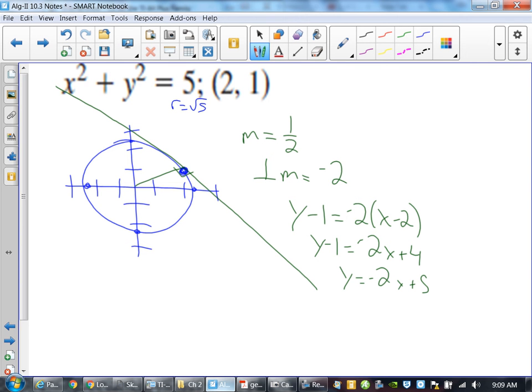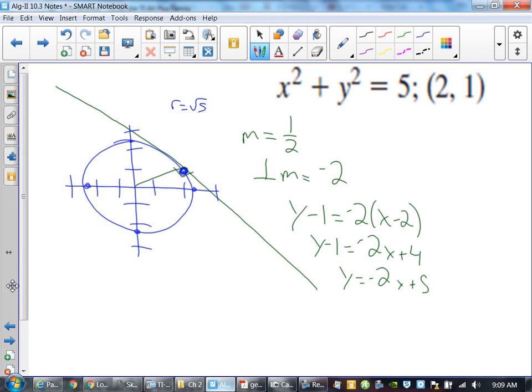Now, let me show you something kind of cool about how you can graph all these things on a calculator, just because it's fun. Your calculator has a button at the top left corner that says y equals. If I solve this equation to get y by itself, what would I have to move first? x squared. So I would get y squared equals 5 minus x squared.